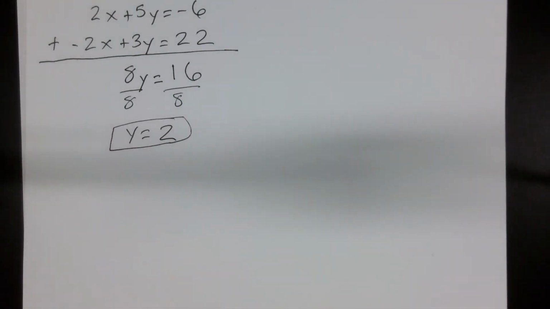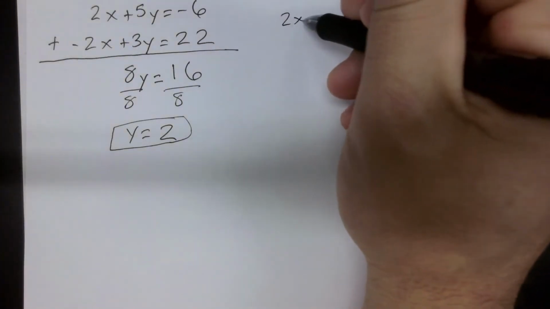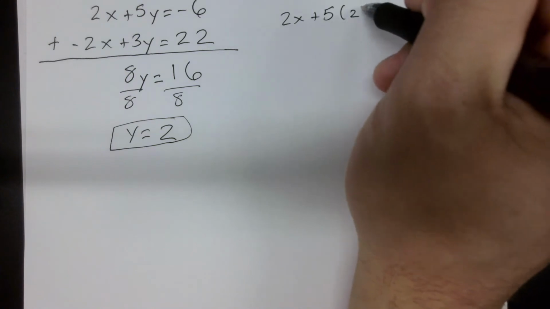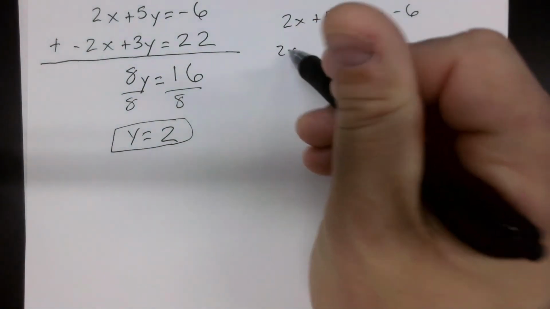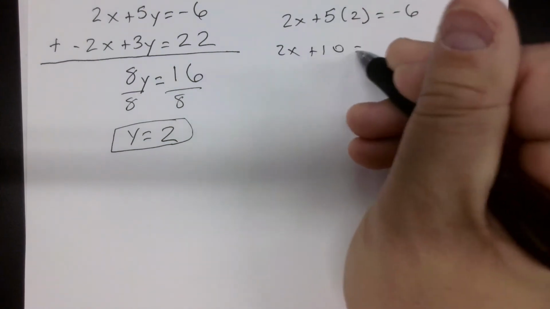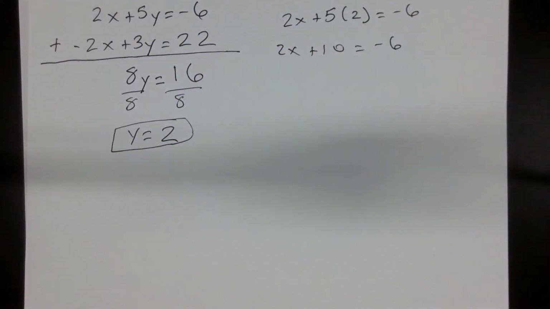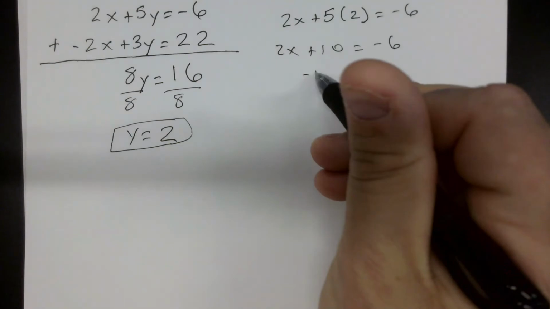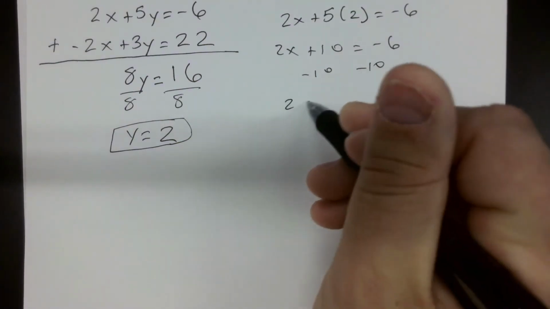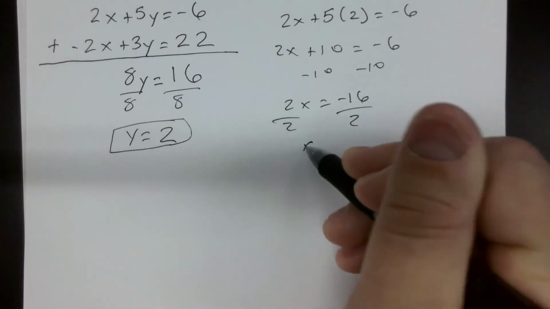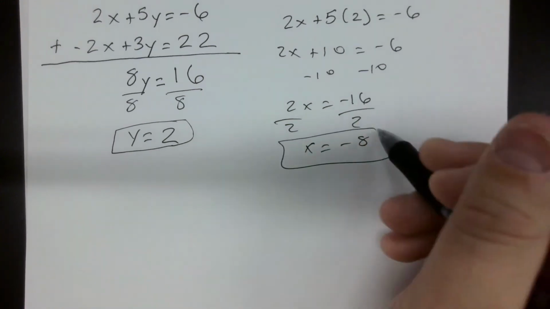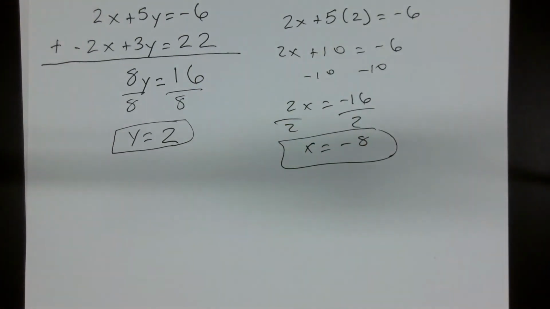What do we do with the 2? Yeah, we plug it back into one of our equations for y. And we solve again. And this is all stuff you guys should know how to do by now. Simple algebra. X equals negative 8. And there's your two solutions.